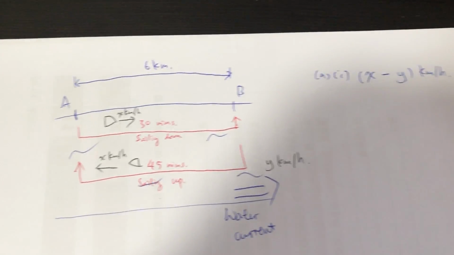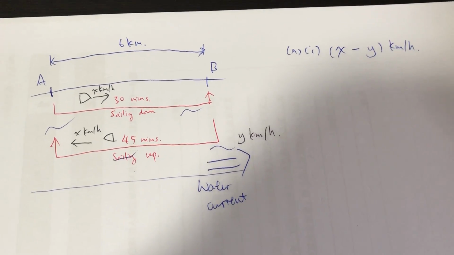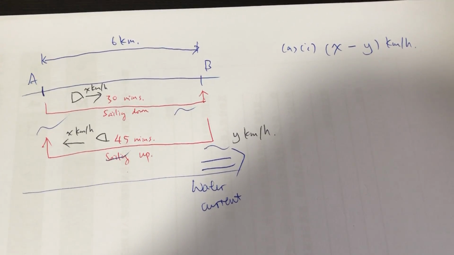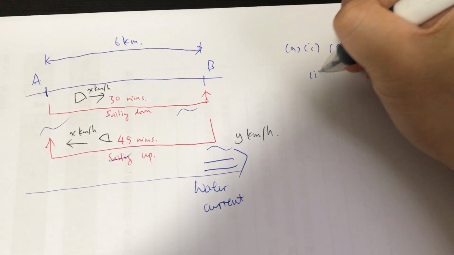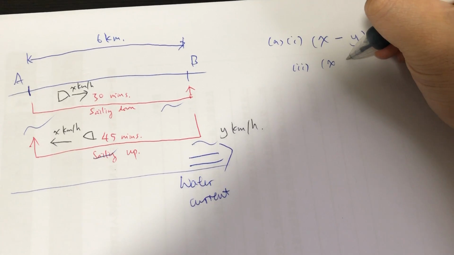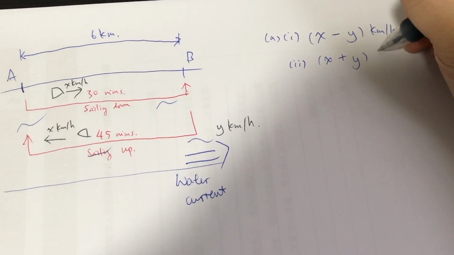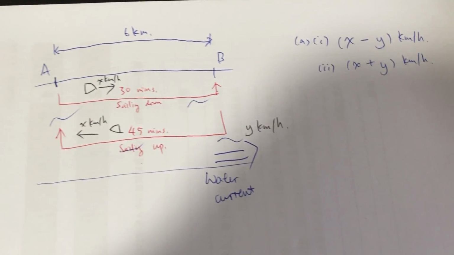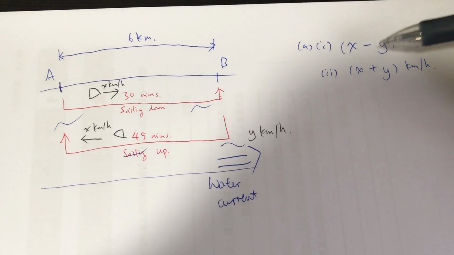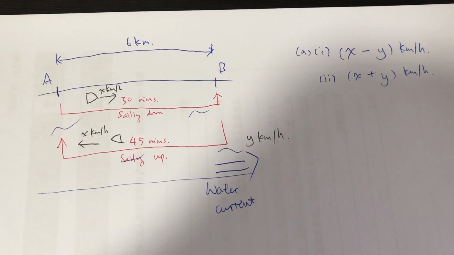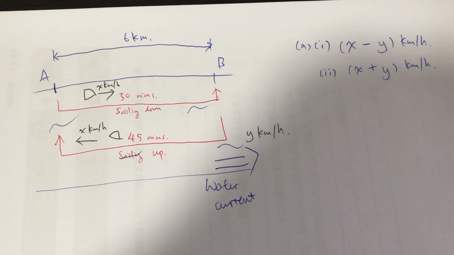We just need to directly subtract the speed, x minus y. On the other hand, if it sails in the same direction as the water, the speed will be increased by y.